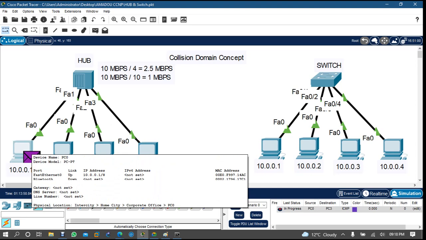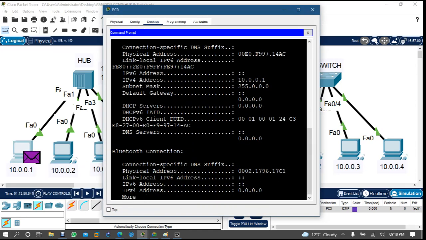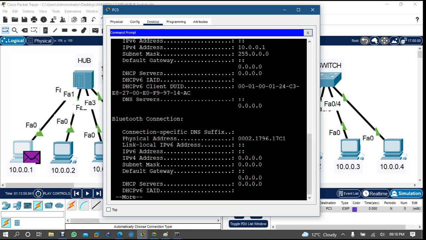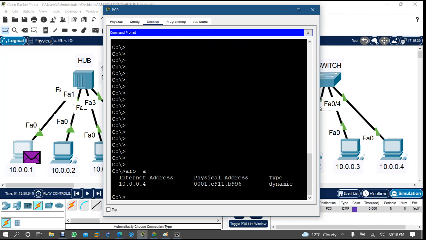Why? Because if you come to this PC's command prompt and type the command arp -a, see, this IP is whose IP? I'm on PCA.